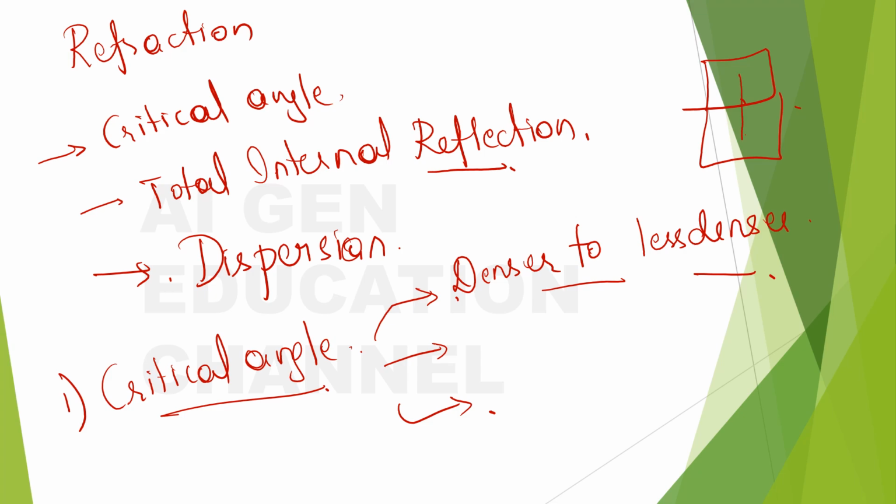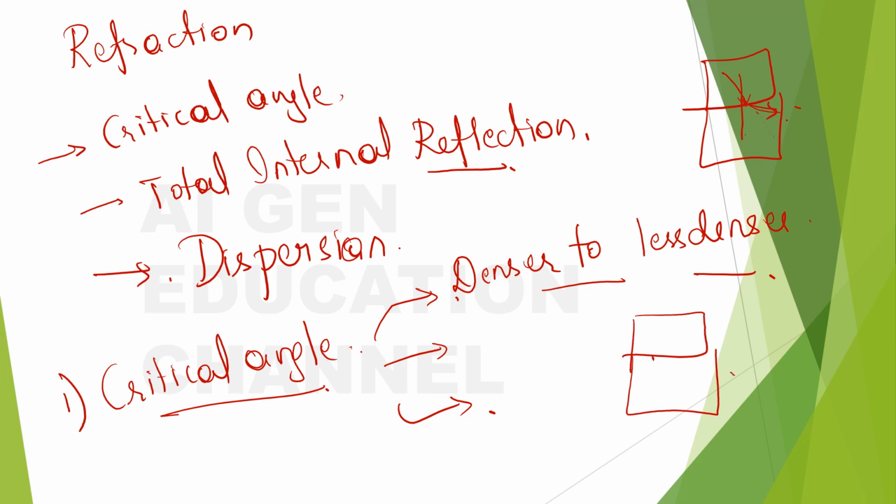As I have mentioned, will it move away from the normal or towards the normal? If it moves from denser to less denser medium, it will move away from the normal, right? So the usual path should be this, but it tends to move away, so it will go somewhere like this.